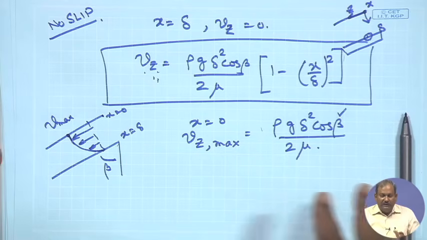That means a less viscous fluid will flow faster along an incline compared to a more viscous fluid. And the further you are from the solid plate, the velocity increases. So this gives you some idea of the velocity and the maximum velocity in the system.